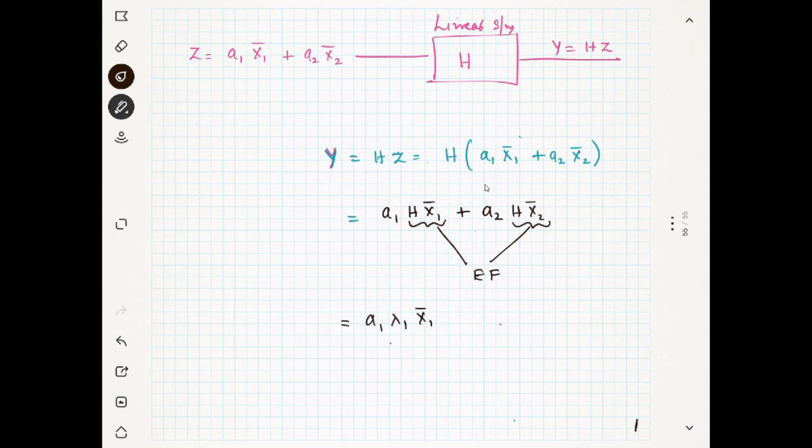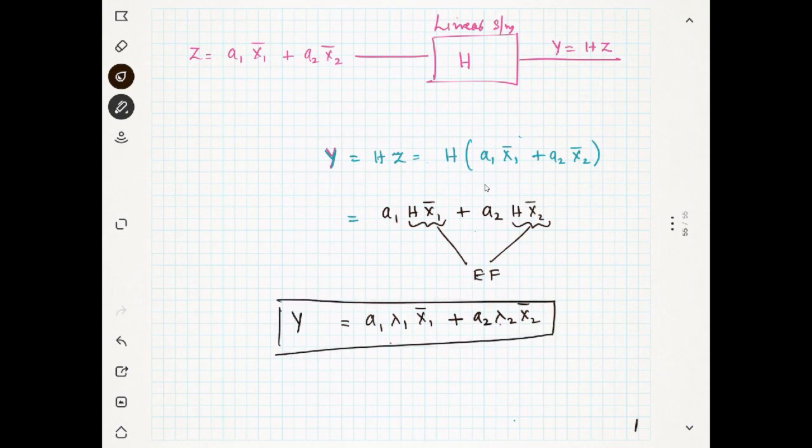I have already told you, for an eigenfunction, it is a scalar multiplication. So A2 into lambda 2 into x2 bar. This is the output. If we represent our original function in terms of my basis, this is my basis function b0 and this is my basis function b1.